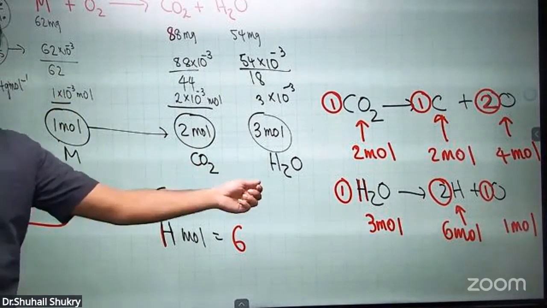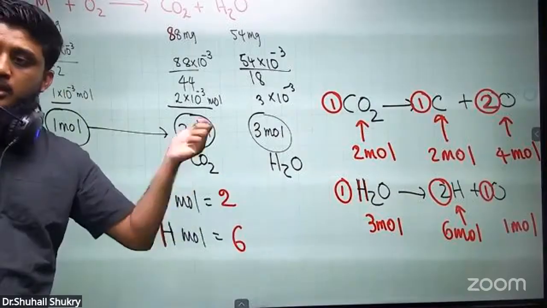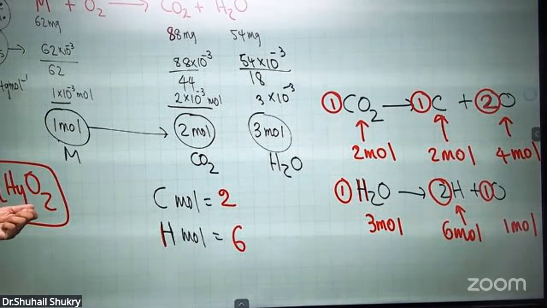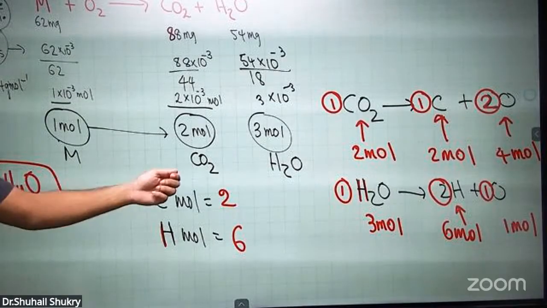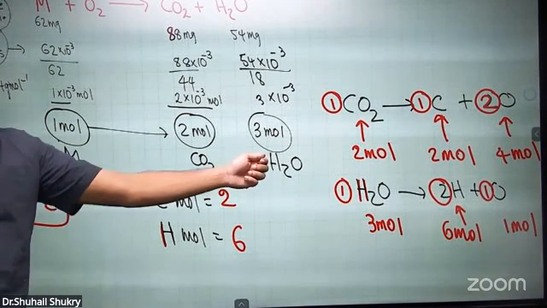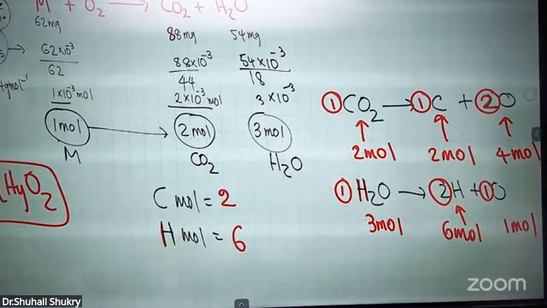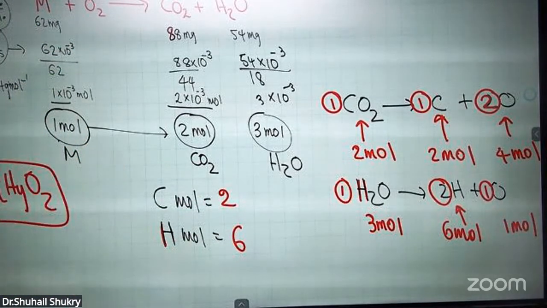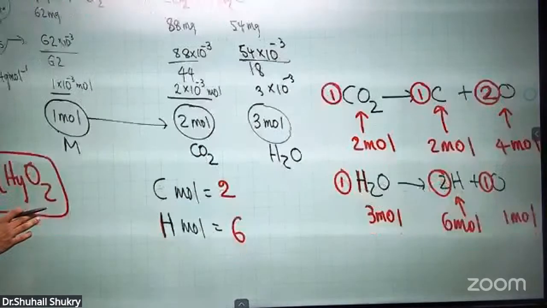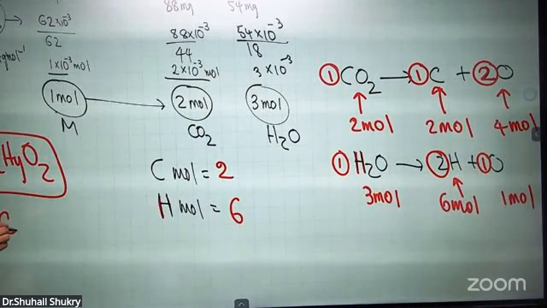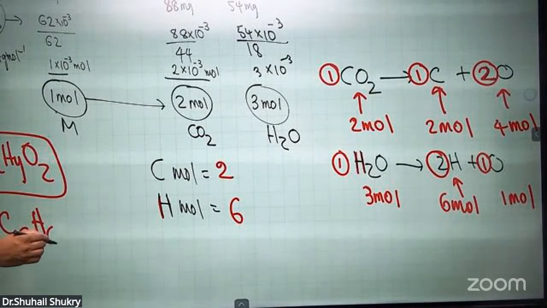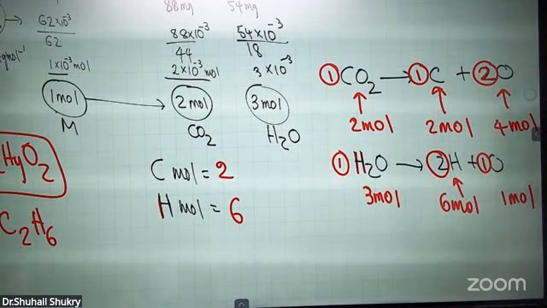All the hydrogen, whatever comes in water, everything should come from this molecule. But oxygen is in CO2 also, in water also, and in the reaction also, so we can't find oxygen using this. But so far we can remember this formula is C2 because carbon is 2, hydrogen will be 6, C2H6, but O I don't know yet.